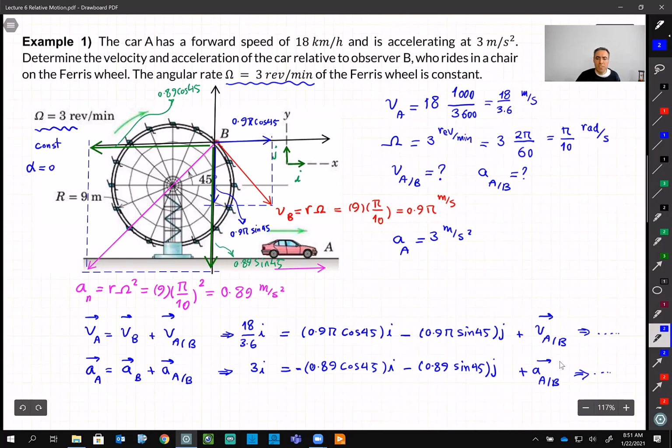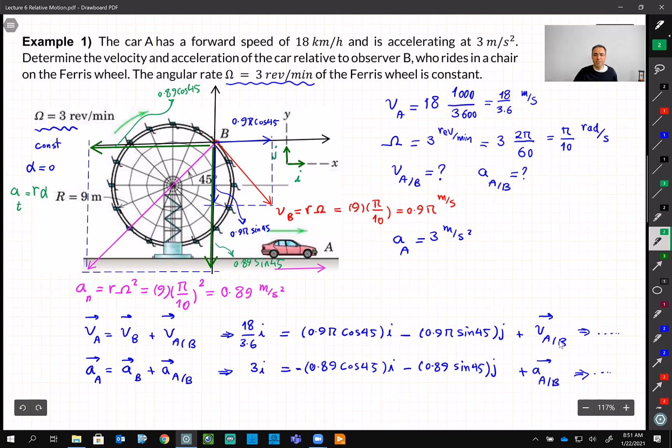Let me quickly check chat. So question is, what about AT? Kamran, you tell me. What is the formula for AT? It's a good question. Kamran is asking, what about AT? AT, I'm writing down here, right? It's R alpha, but alpha is constant.